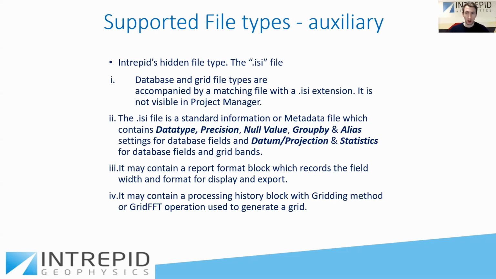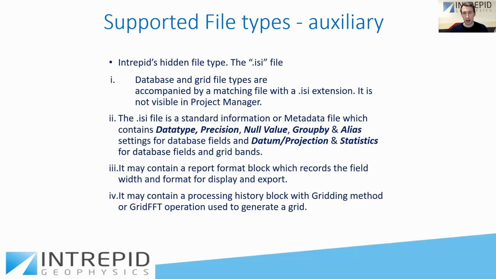There is one hidden file type within Intrepid. You won't be able to see it within the Intrepid project manager, but if you open up the same directory within Windows Explorer, you'll be able to find it. It's a .izzy file, and it's basically just a metadata file for any databases or grids that you import into or create with Intrepid.